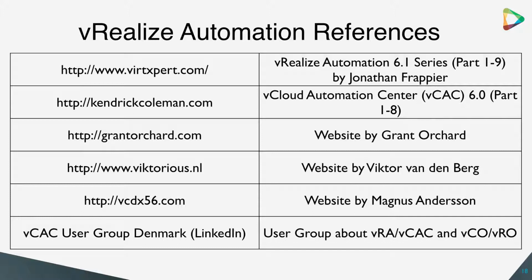So if you need to do specific tasks, or you need to do complex tasks, let's put it that way, it will most likely be that the vRealize Automation product will call upon vRealize Orchestrator to actually do the work. You have the front end and you have the back end. So that's how the two products are linked to some extent.